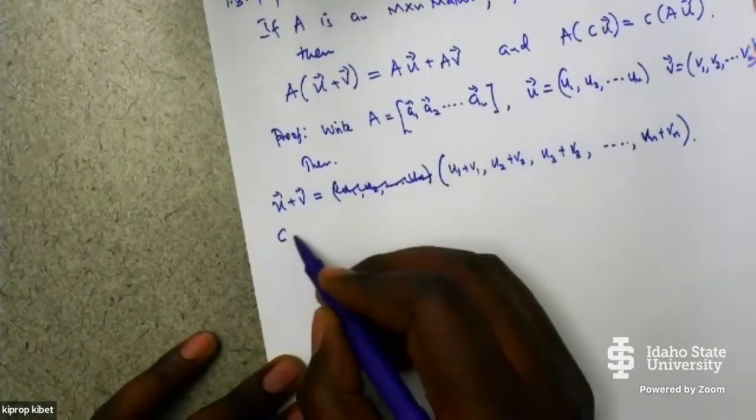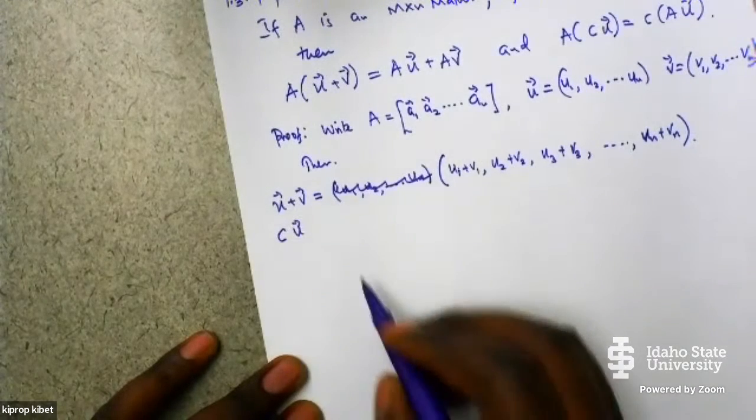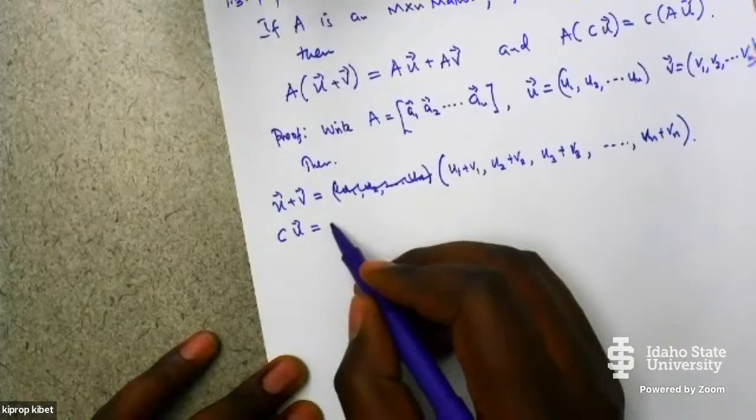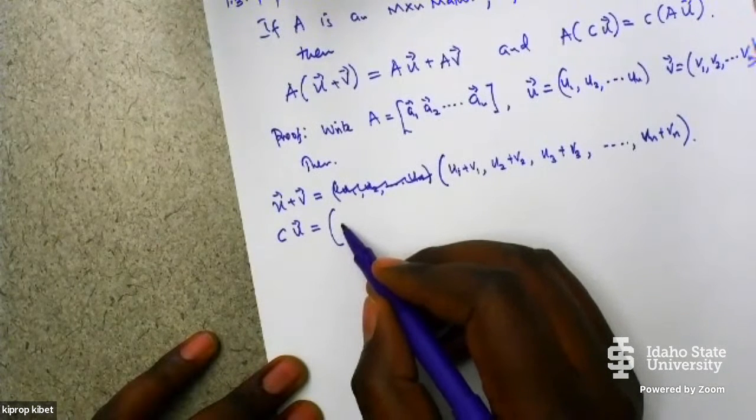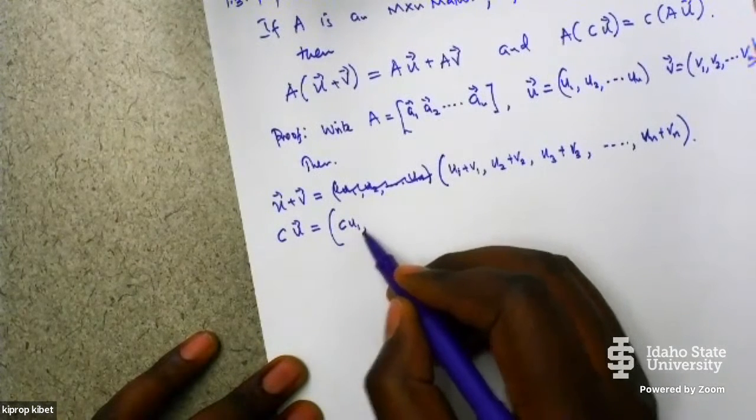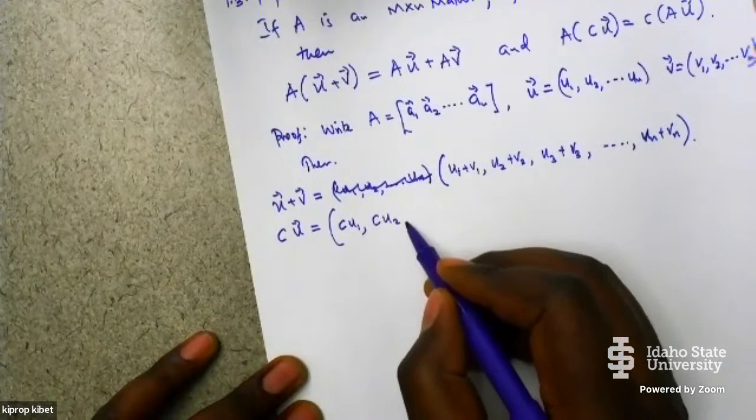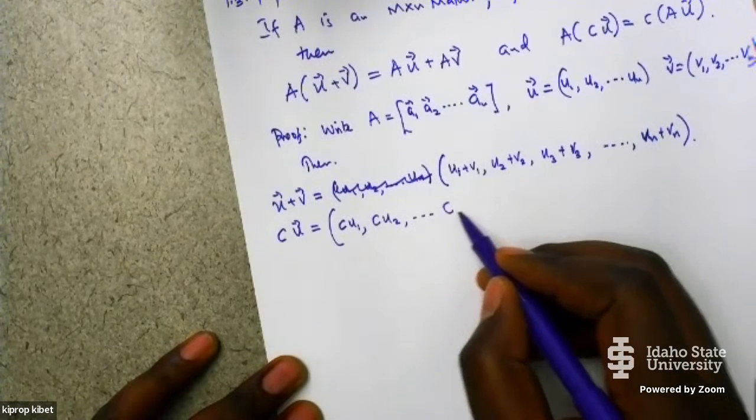Now, when we have C and U, this is similar to CU1, CU2, up to CUN.